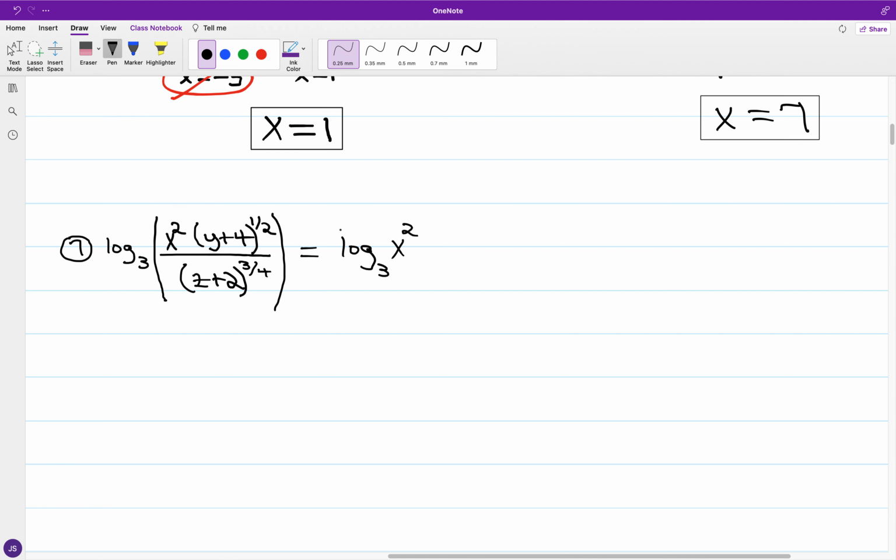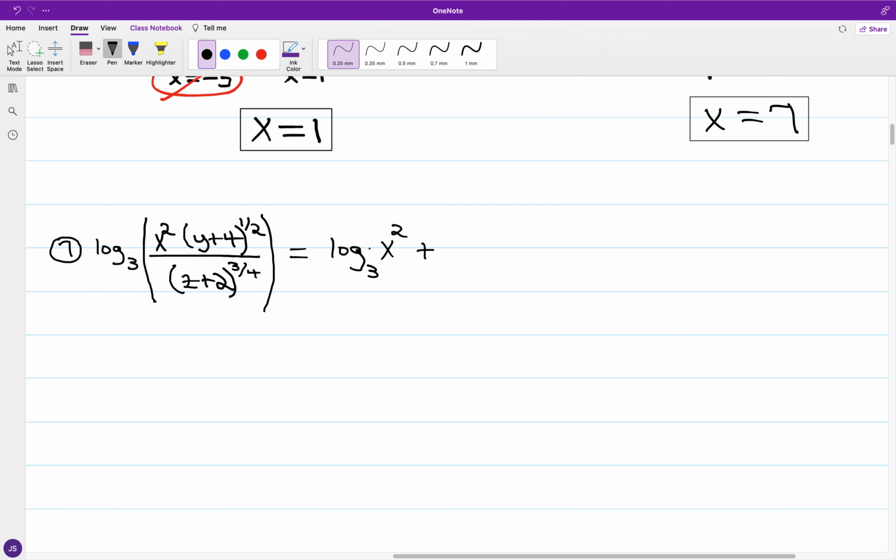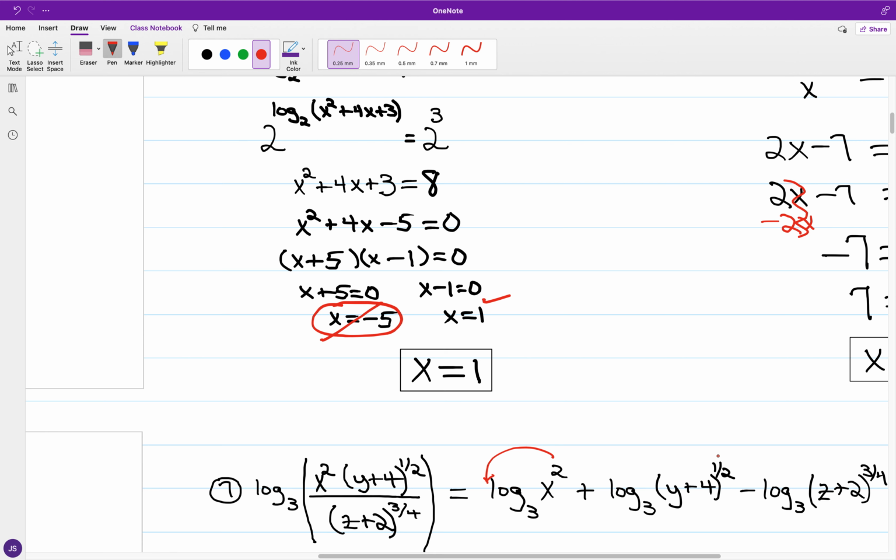So if I work with the top attachments, we've got the base 3 logarithm of x squared, plus the base 3 logarithm of the quantity y plus 4 to the 1/2, minus the base 3 logarithm of the quantity z plus 2 to the 3/4, and again expressing powers as coefficients.